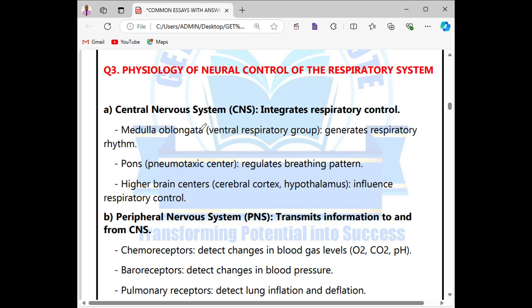So when we are talking about the neural control of the respiratory system, basically, you have to talk about... Remember, when you are writing these essays or short notes, you don't have to beat around the bush. You have to give crystal clear, brief explanations which carry weight, which have the key points which the marker or the examiner is looking for.